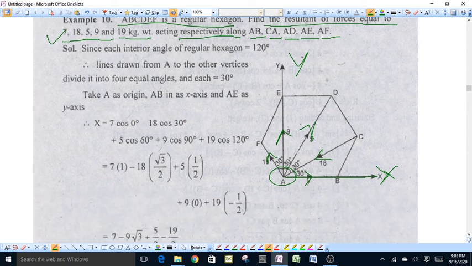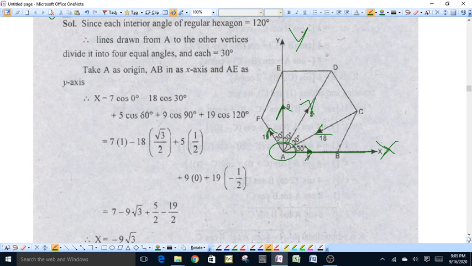Now the x component of all these forces along the x-axis will be equal to 7 cos 0, because 7 is along AB and AB we have taken as x-axis. This means this force makes an angle 0 with the positive direction of the x-axis. The x component of this force, 7 kilogram weight, will be equal to 7 cos 0.